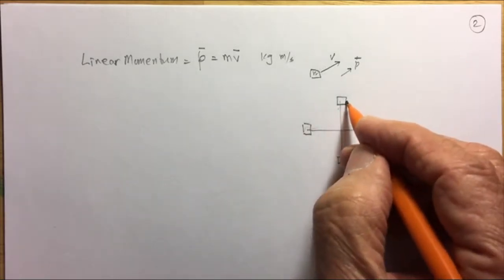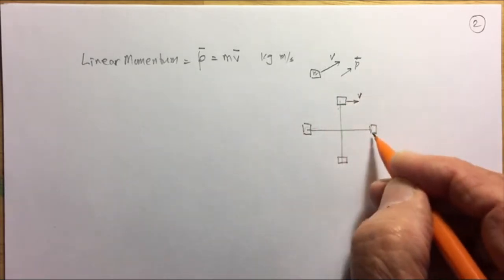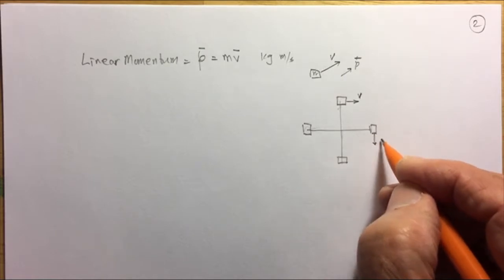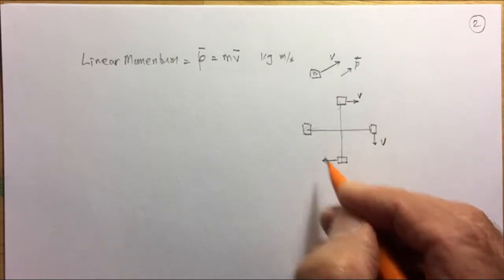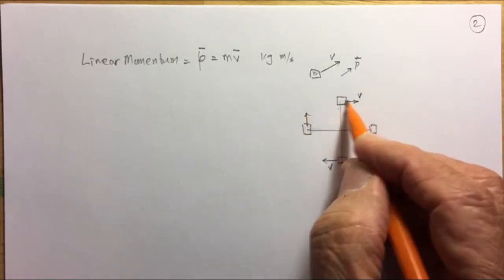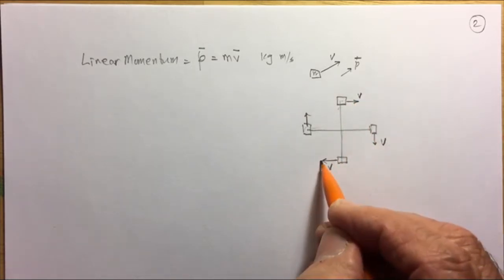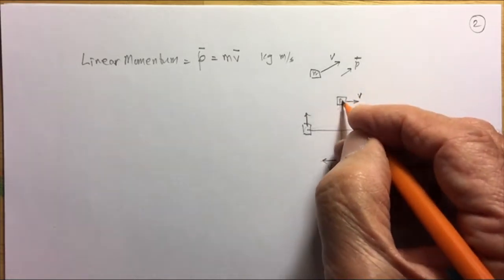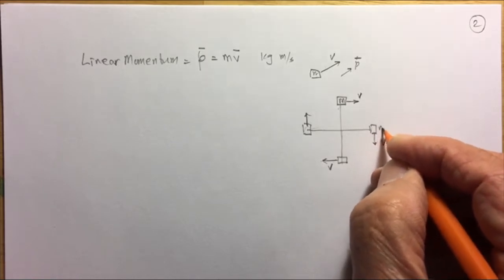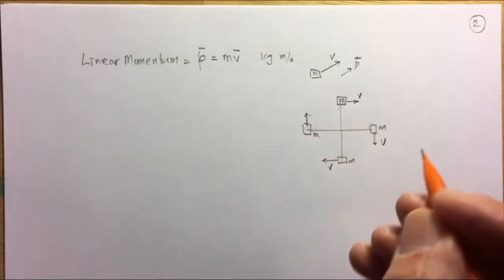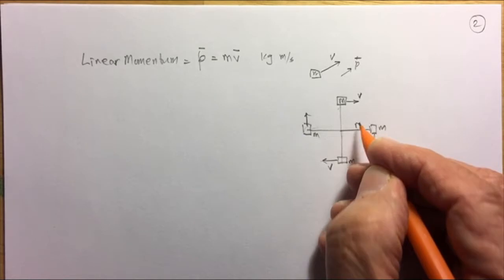And this thing is spinning, so the speed is v. They're all moving with the same speed. The velocity of this one is to the right and the velocity of this one is to the left, and they all have the same mass and the same r.